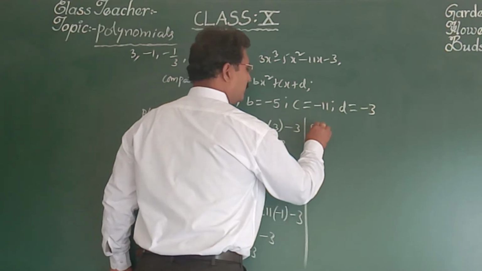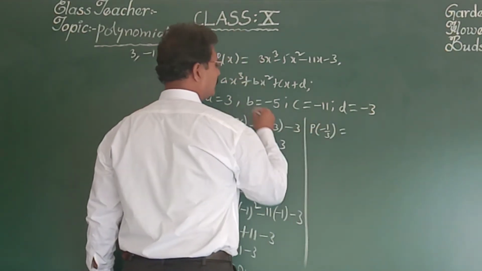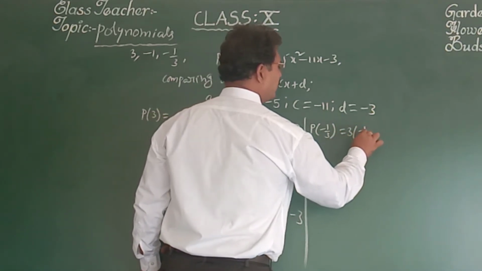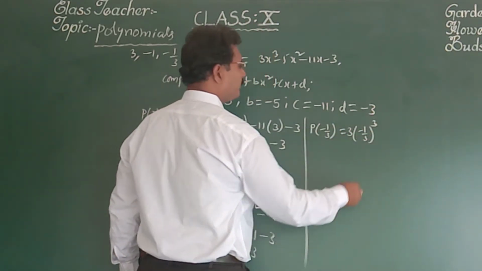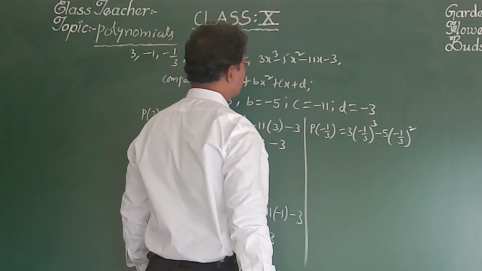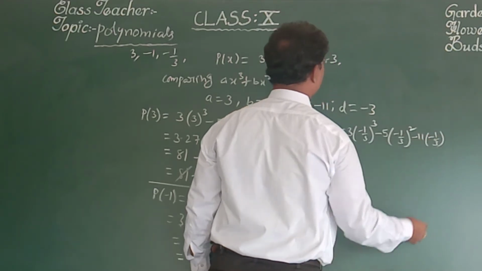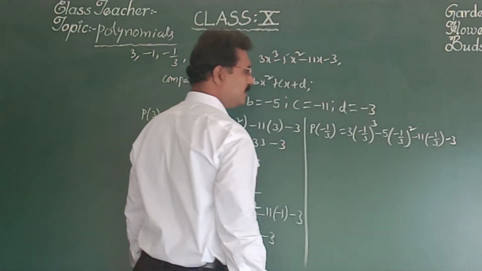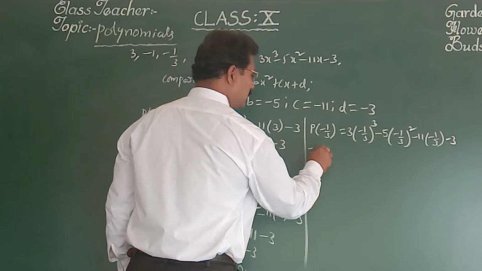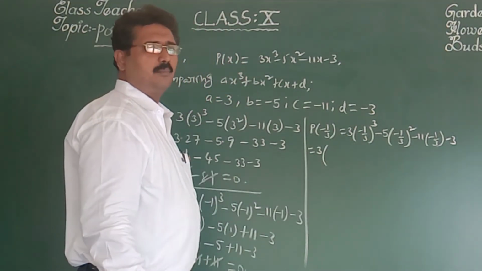Now P of minus 1 by 3 is equal to 3 into minus 1 by 3 whole cube, minus 5 into minus 1 by 3 whole square, minus 11 into minus 1 by 3, minus 3. So which is equal to 3 into minus: a whole power odd number is again minus.